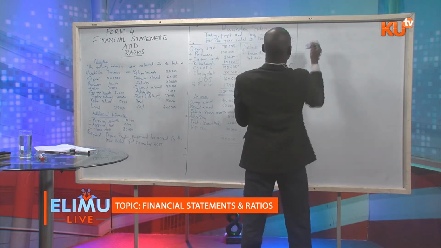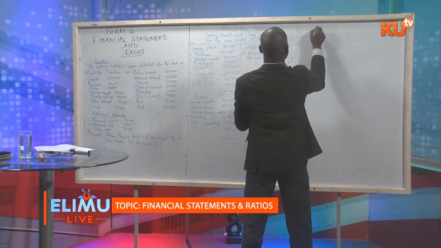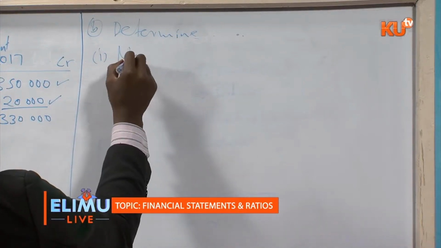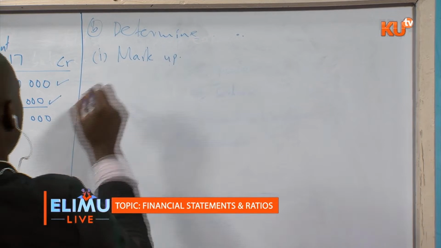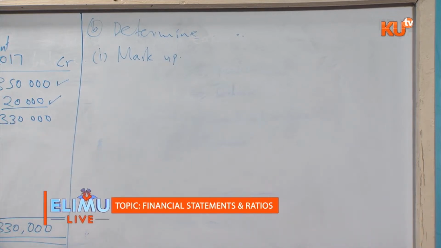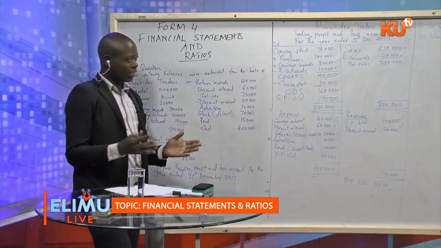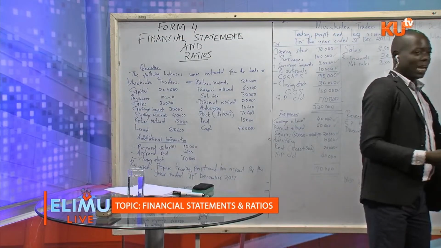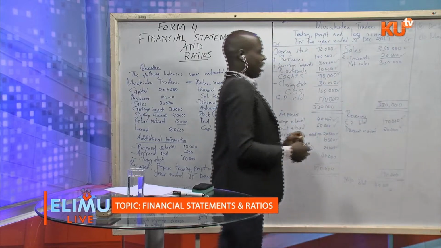Let's say part B, determine markup. We want to use this information to calculate these ratios. We determine markup. Now, we said that markup is simply a ratio of gross profit against the cost of sale.